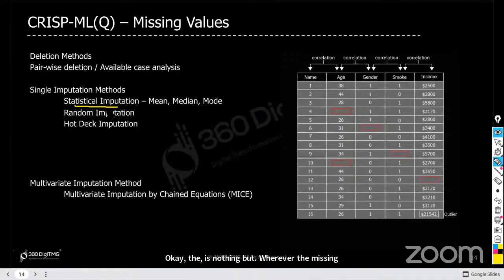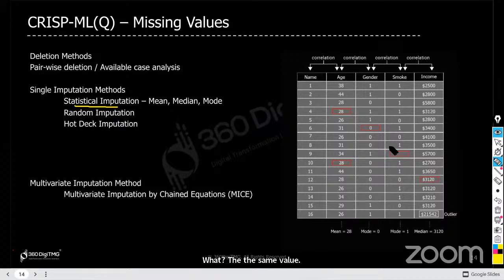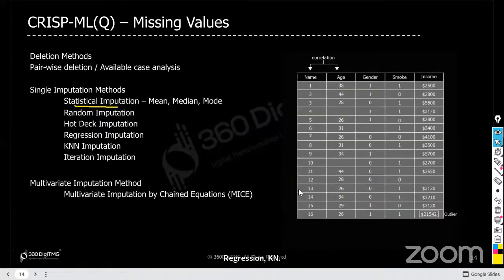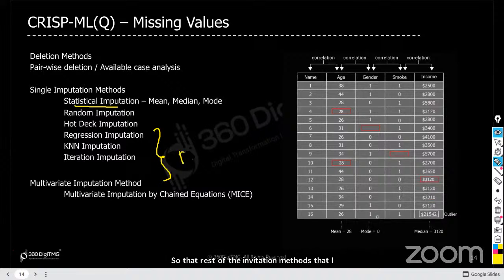Wherever the match is found, according to that record, the missing value will get replaced. Okay. Apart from these, there are also other types of imputation present: regression, KNN, iteration, and multivariate imputation. We will see the other types of imputations in predictive modeling. Right now, up to hot deck imputation is enough.